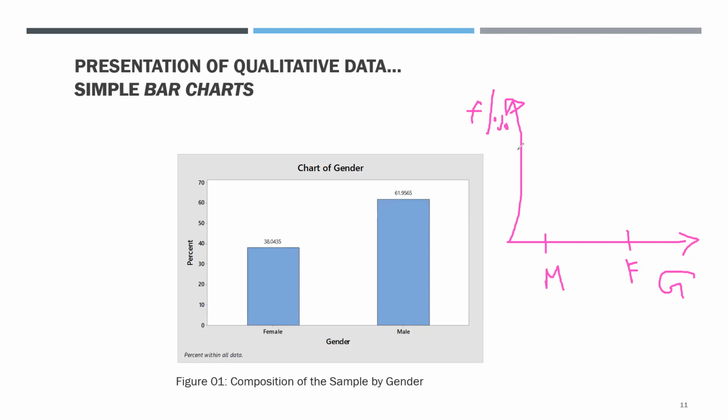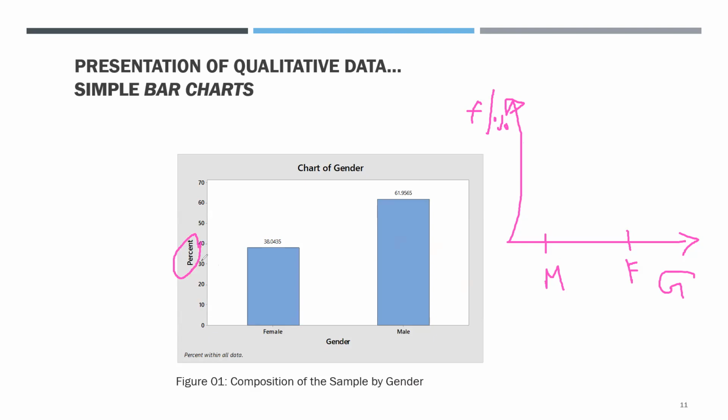ඔයගොල්ලන්ට vertical axis එක percentage එකක් විදිහට හරි frequency එකක් විදිහට හරි කැමති විදිහකට represent කරන්න පුළුවන්. Here in this given example, you can see the vertical axis is the percentage, right?